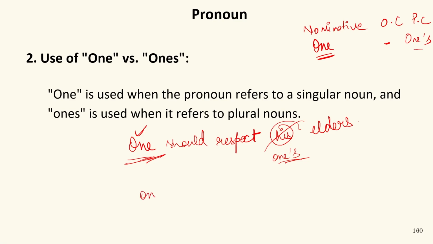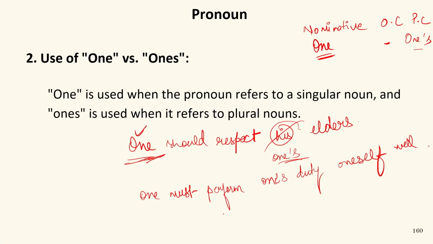And if I write, one must perform one's duty oneself well, here we can see that the reflexive case of one is oneself and the possessive case is one's.